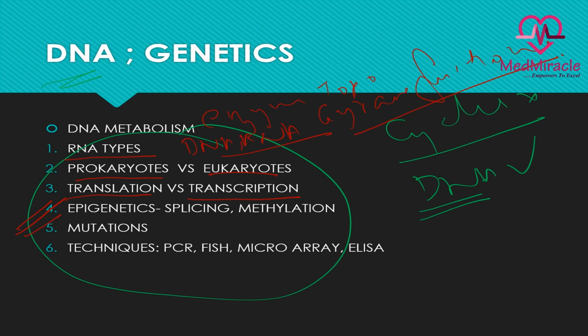Then coming to mutation, like addition, deletion, insertion, silent mutation, point mutation, lot of things are there, so you have to be thorough with this. And even an image based question might appear in this topic. Then there are multiple techniques, nucleic acid techniques you have to be thorough with.